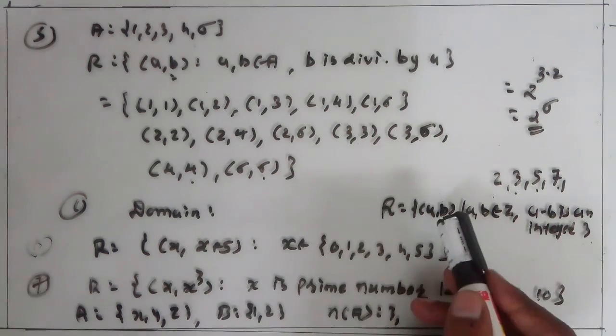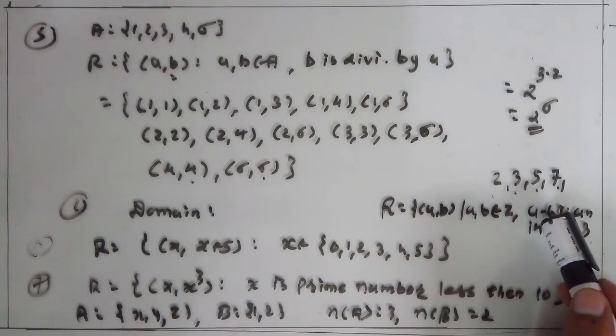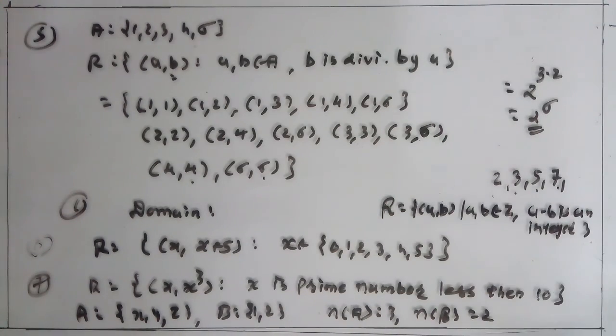Here ordered pair (a, b) in such a way that difference of two integers is also an integer, and we know that difference of any integers becomes an integer.